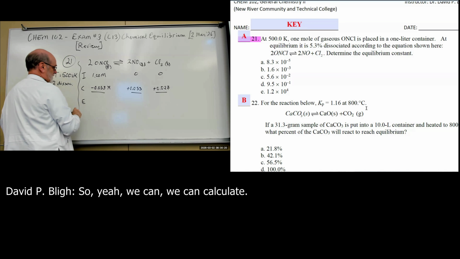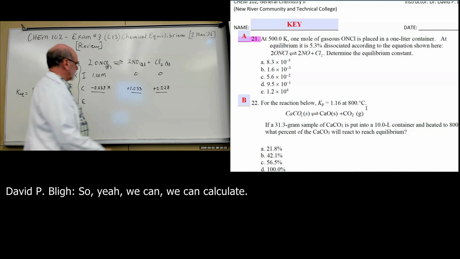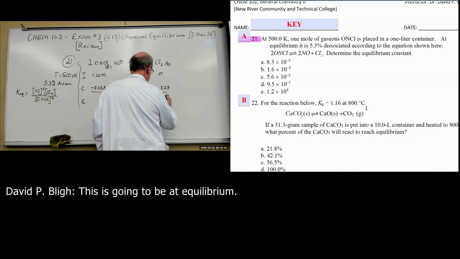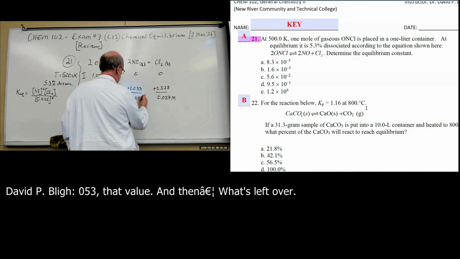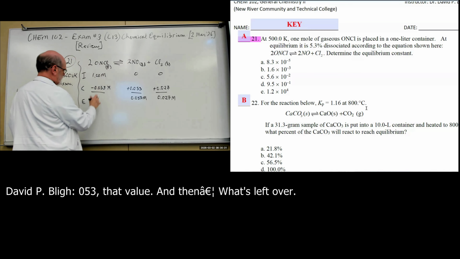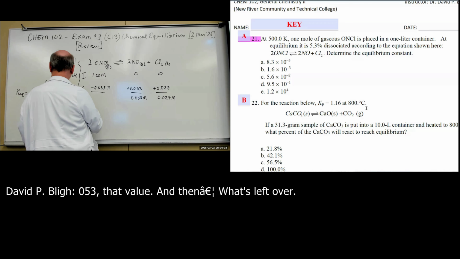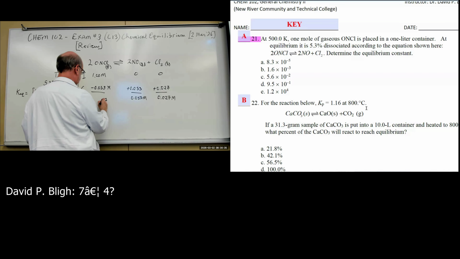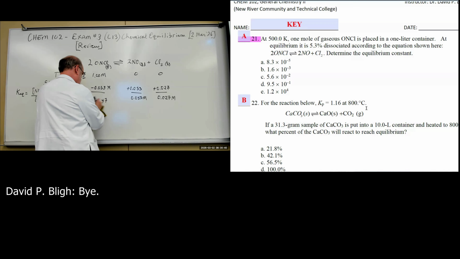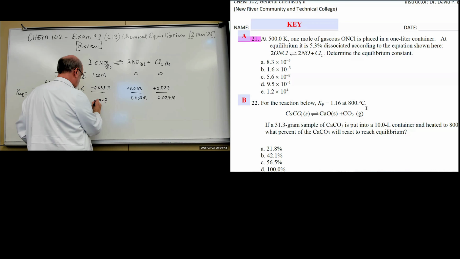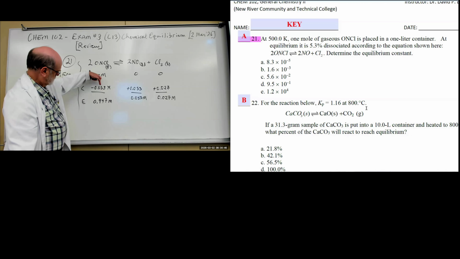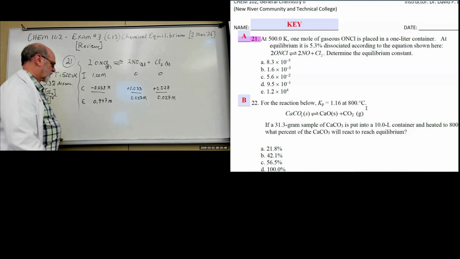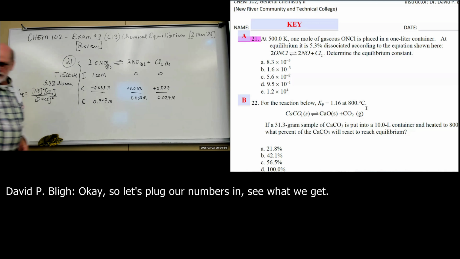Okay. So yeah, we can calculate. This is going to be at equilibrium, that value, 0.053, that value, and then what's left over? 0.947. Does that add up to 1? Yeah. Okay. So let's plug our numbers in and see what we get.